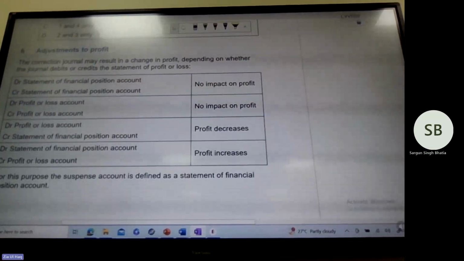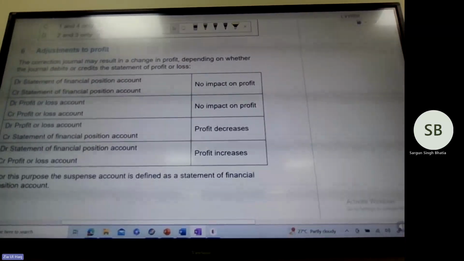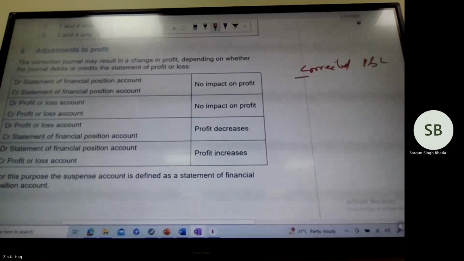Okay, adjustment to profit. Sometimes the examiner asks us to identify the corrected profit. How can we identify corrected profit and loss? There is a formula.